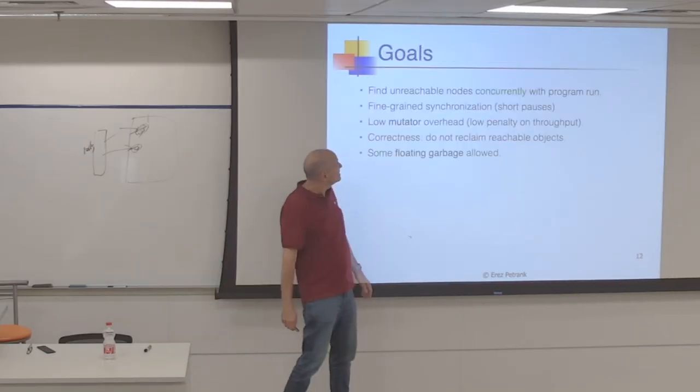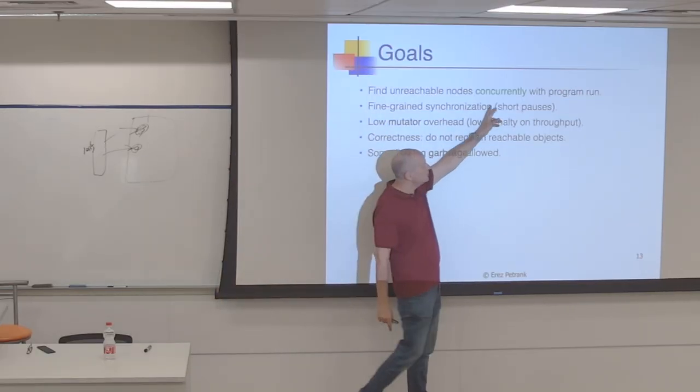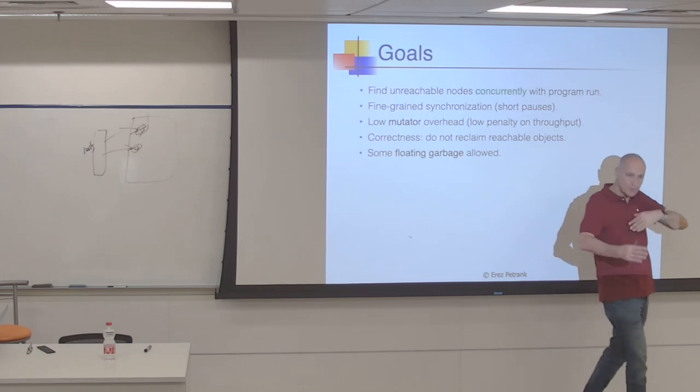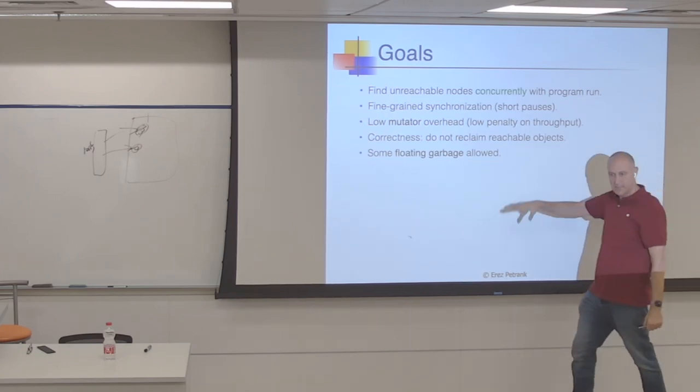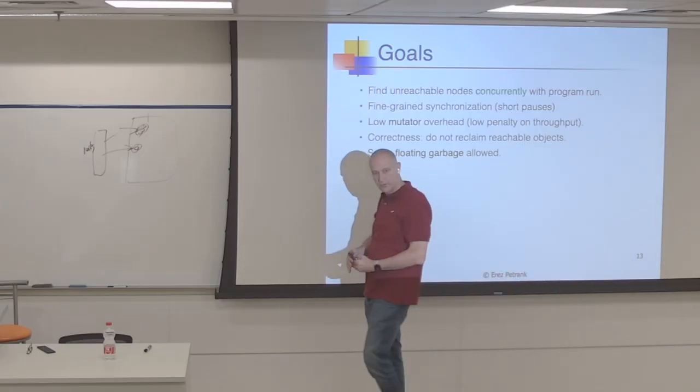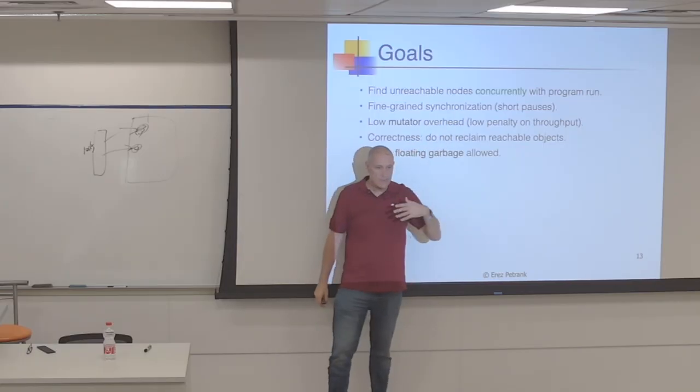Okay. So the goals. We want to find the unreachable nodes concurrently with the program. So the program should be able to execute while the garbage collector is identifying these unreachable nodes and adding them to the free list. And we want fine-grained synchronization.